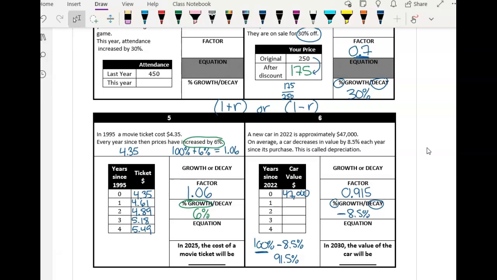We can create these formulas from this, but it's not using the given percent. We have to understand how it relates to the whole. Where did we start? How did we begin? So hopefully that helps you get started on understanding percent growth and percent decay problems.